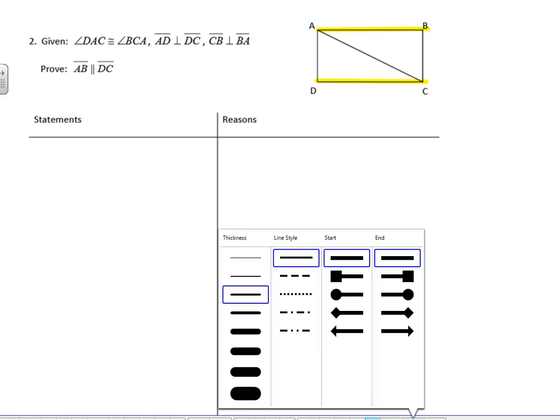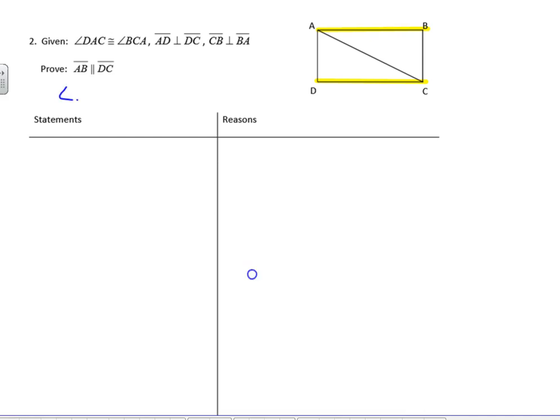If we could prove that the angles are congruent, maybe the alternate interior angles, if we could prove that angle BAC was congruent to angle DCA, then we could get from there to parallel. Well, what are those? The angles are parts of triangles. So how do we get parts of triangles? We get the triangles, we do their corresponding parts, then we can get to parallels.